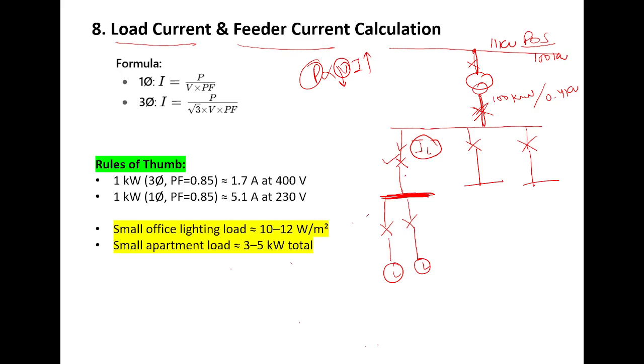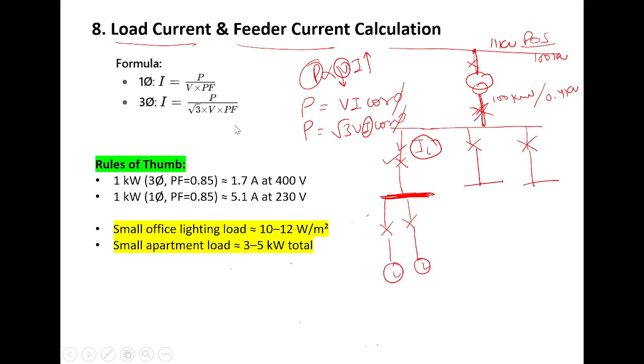Okay, so first you should know this equation. In your engineering, you know the power equation: P equals V I cos phi for single phase. For three phase, it will be root 3 V I cos phi. Now if I have to calculate the current value, then you can use this equation: I equals P over root 3 into V into power factor.